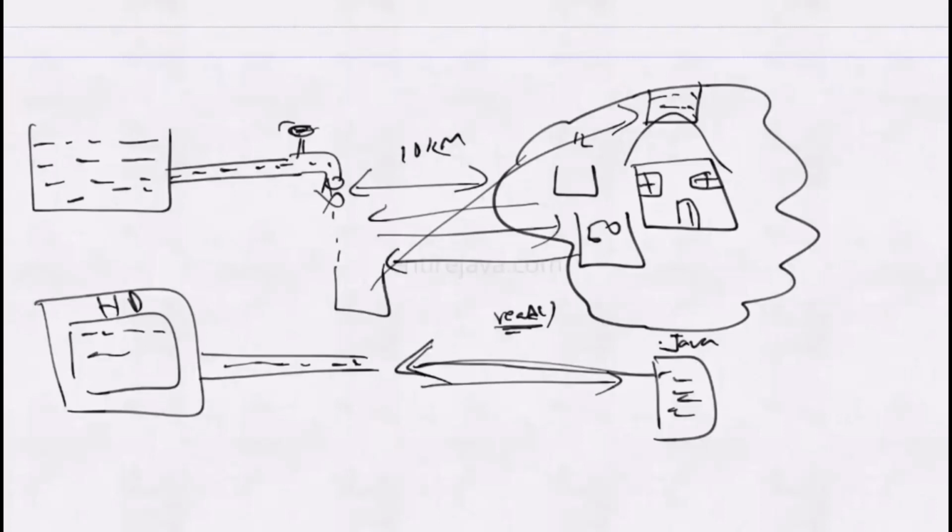So instead, if we use the buffered reader, instead of getting one character at a time, it's going to get one chunk of characters in one go and is going to store it in the RAM memory. In this example, it's the overhead tank.